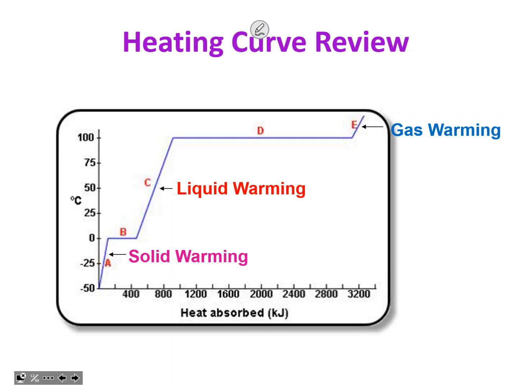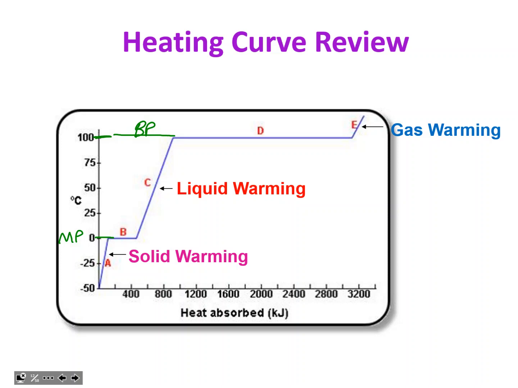The melting point is indicated by the first plateau here, and the second plateau indicates the boiling point. So you can always find the melting and boiling points off of the heating curve. Now, they warm until they get to their phase change. And like I said, that's going to be a little bit more complicated, where you are going to have to do some warming and some phase changing before it's all said and done.